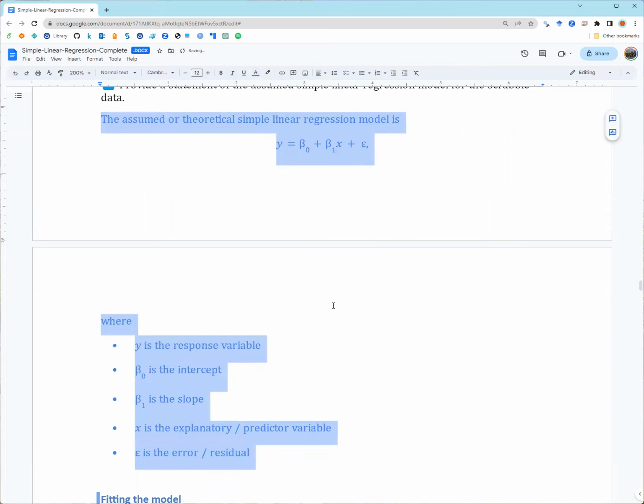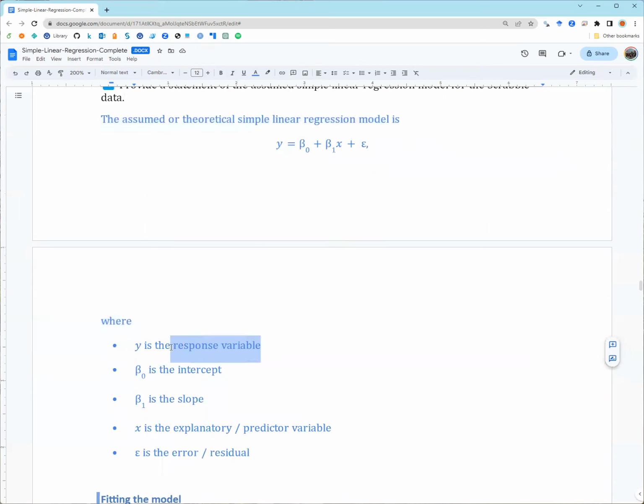All right. So we start with our blueprint. And then again, we keep this top part exactly the same for every problem. We just need to update the definition of our response and a predictor variable.